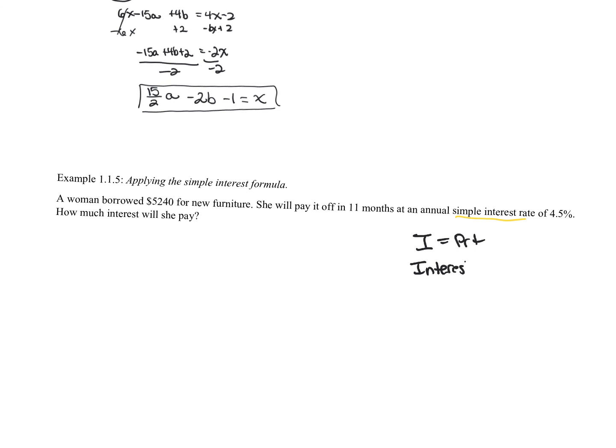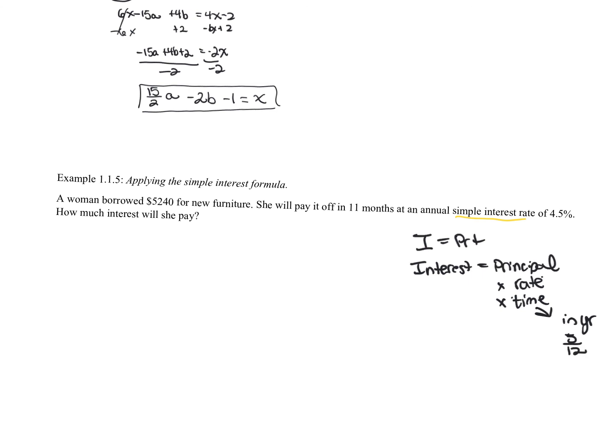Interest equals your principal, whatever you're investing to start with, times the rate times the time. And the time is tricky. It's in years, so if you have like 5 months, you would do 5 divided by 12.